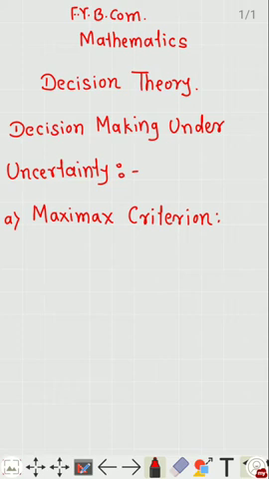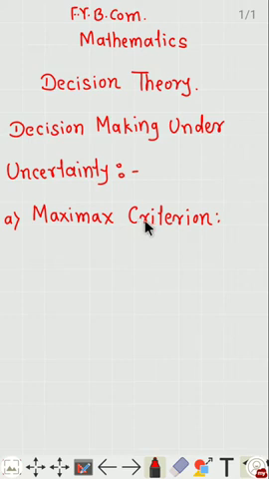In this case, the decision maker faces multiple states of nature but has no means to arrive at the probability values for the likelihood of occurrence of these states of nature. Such a situation arises when a new product is introduced in the market or a new plant is set up.